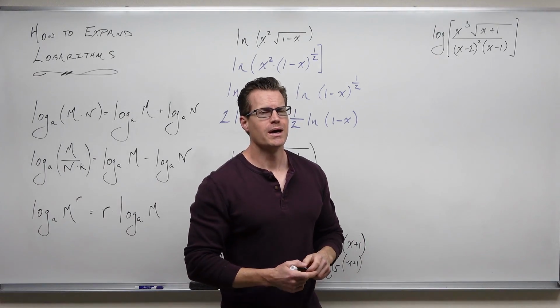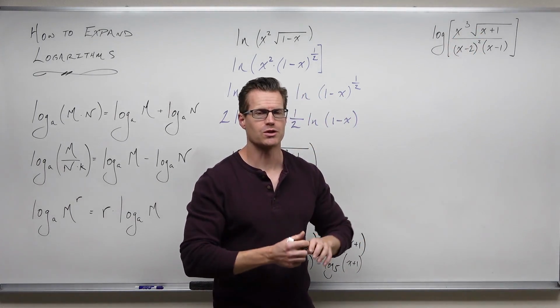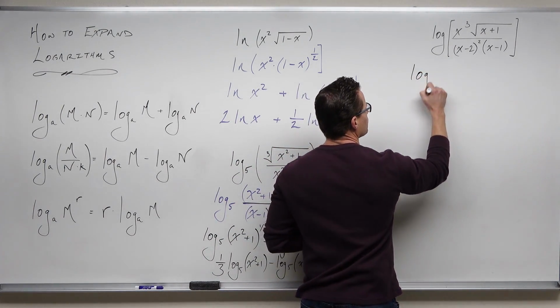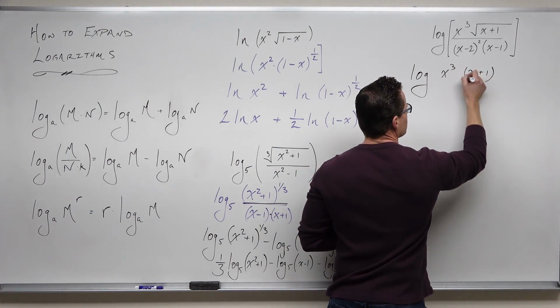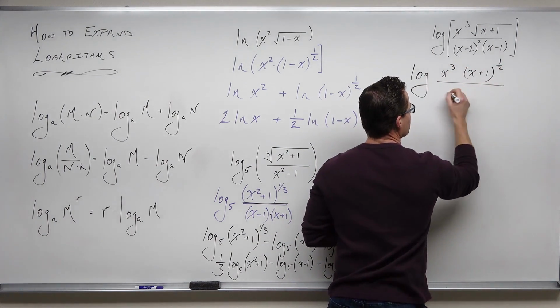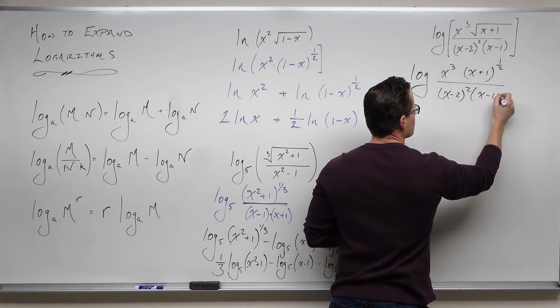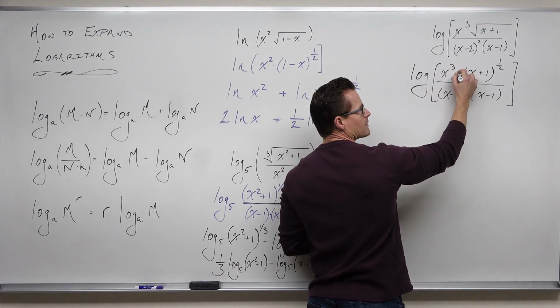But what we are going to do is write this radical as a 1/2 power, and then we're going to show all the products and quotients if they're not already shown. So we have a product here and here.